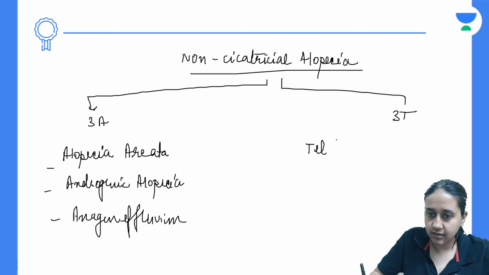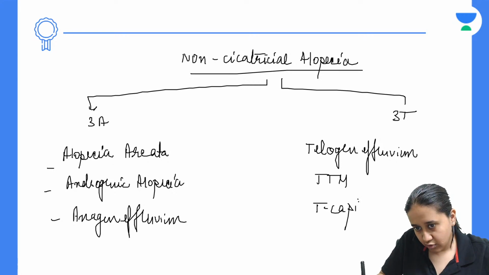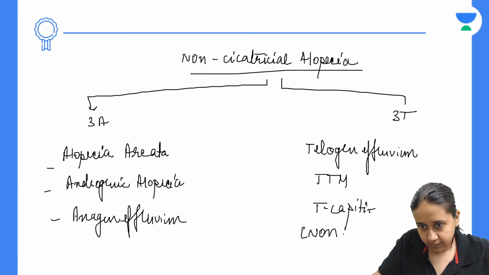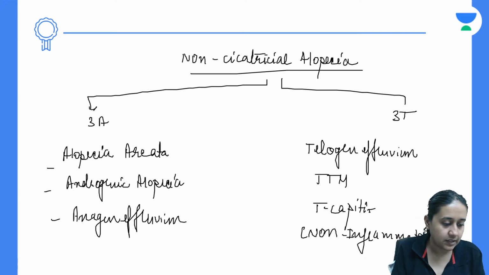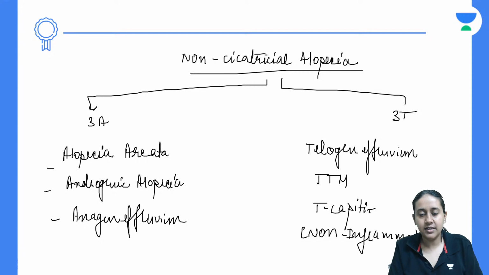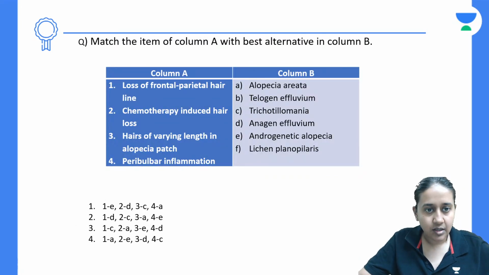While for telogen T, it is telogen effluvium, trichotillomania, and tinea capitis of non-inflammatory type. Non-cicatricial alopecia, 3T and 3A are the examples. Tell me what is the answer.